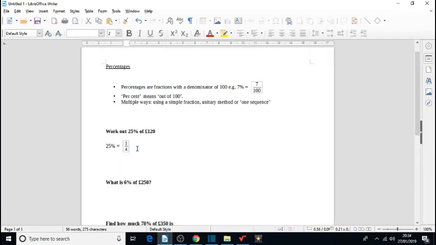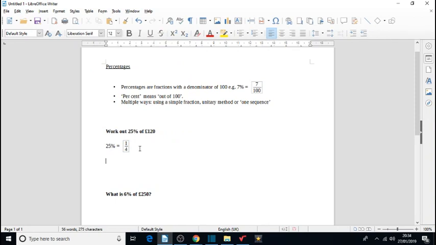So finding 25% of a value is the same as multiplying the fraction by 120, or more or less just dividing it by the denominator and then multiplying by the numerator.